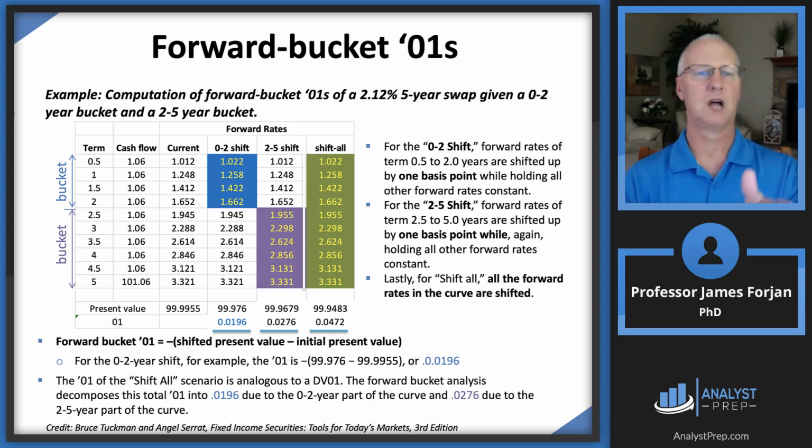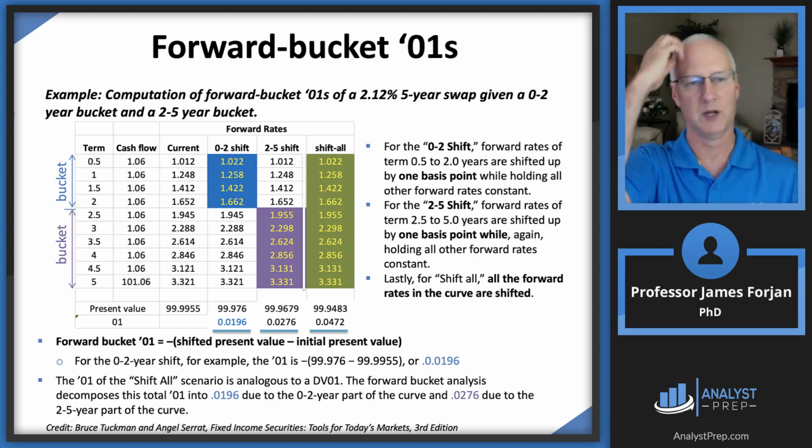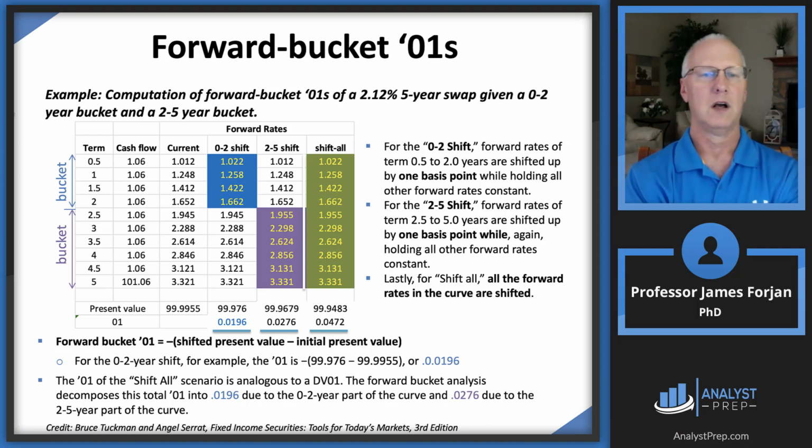All right, so let's go through these columns. Down the left-hand column is the tenor of the swap, right? It's 5 years, so we start at 0.5 and then 1, 1.5, so every 6 months. There's the cash flow, 1.06. So this is like the bond, right?